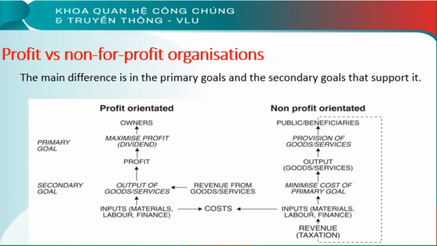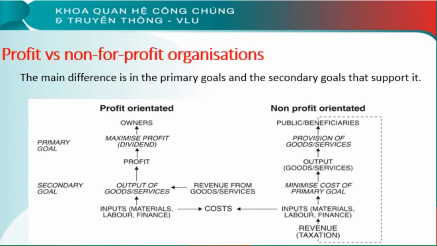To achieve that primary goal, organizations have to increase revenue or reduce costs. Therefore, they have to make more output and increase goods or services sold to customers to increase revenue. Besides, they must decrease the price of materials, the salary and bonus of employees and management, or reduce loans.